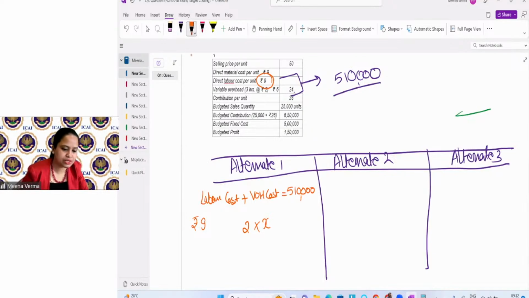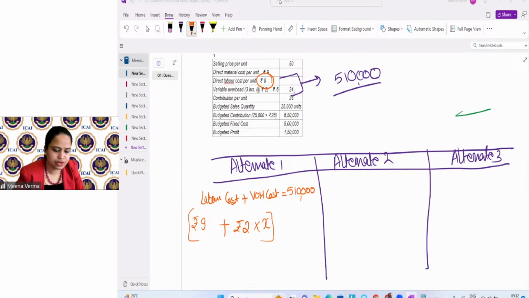And the time he is saving is for 1 unit, and here we are producing a total of 30,000 units. So accordingly, we have to find the value.